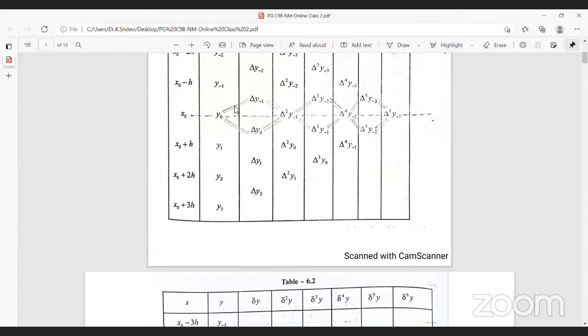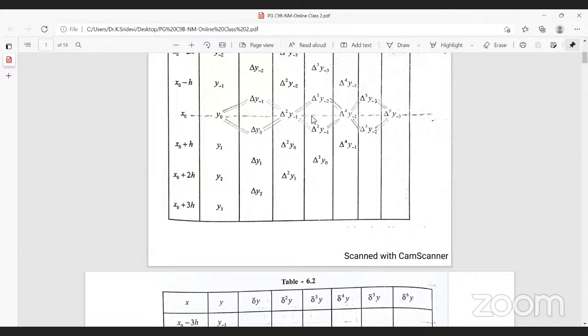Similarly, this one, delta y minus 1, delta cube y minus 2, delta power 5 y minus 3. These are above the central line. Similarly, delta y naught, delta cube y minus 1, delta to the power 5 y minus 2. These are below the central line.